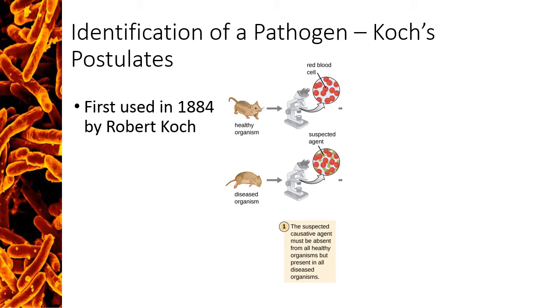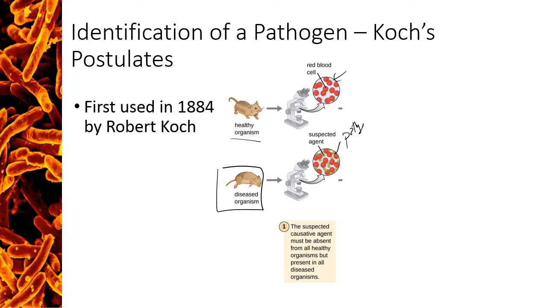The first is that the suspected agent must be absent in healthy organisms, but present in diseased organisms. So you can see the little red circles here is our pathogen, or what we think is our pathogen, but it's absent here. So there's nothing here in our healthy organism, but in our poor little diseased mouse here, we can see this organism.